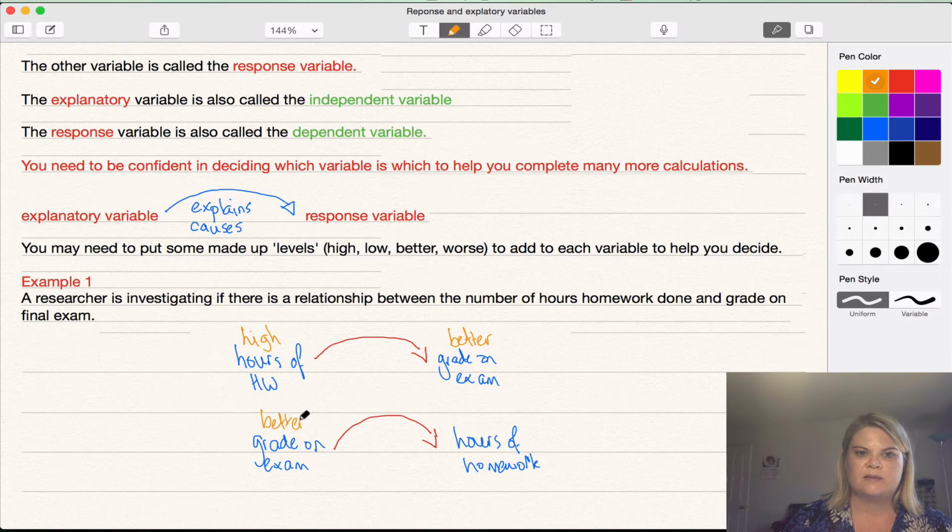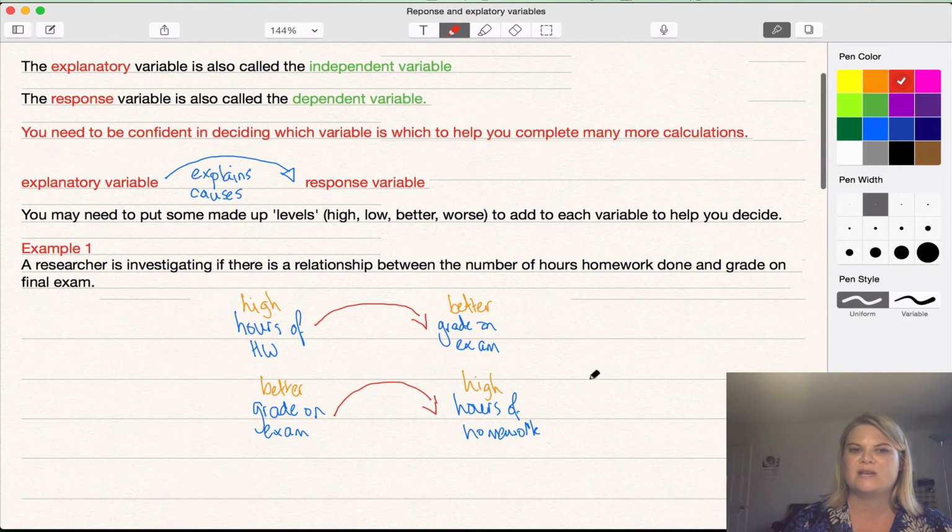And I'll just fill in the same down here: better grade on the exam causes high number of hours of homework. Hopefully now when you look at these two, you can see that the second one doesn't really make sense. A better grade doesn't really cause lots of homework. The homework usually causes the better grade. That's what we're looking for.